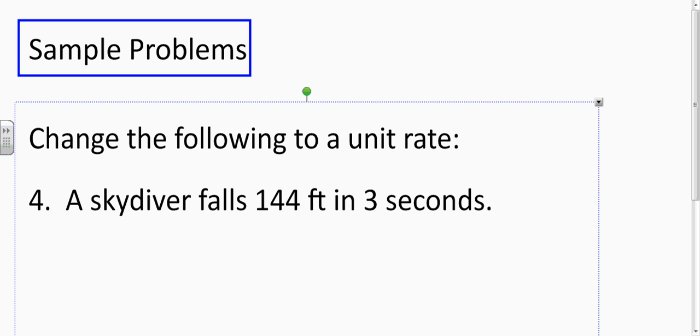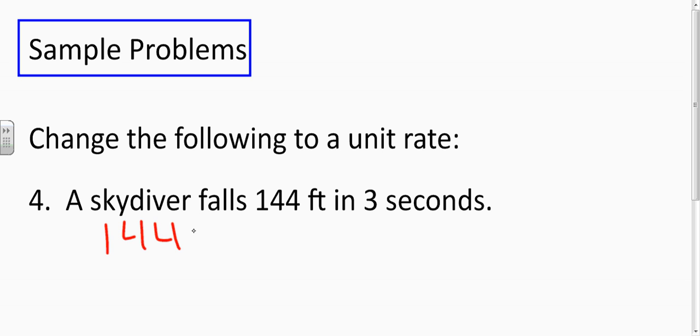If I want to change these rates to a unit rate, right, a skydiver falls 144 feet in 3 seconds. Remember, a unit rate is a comparison to 1.